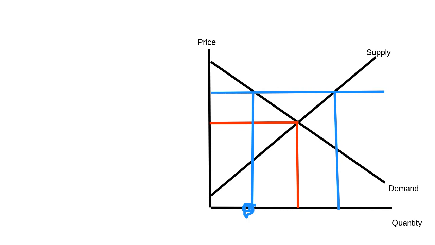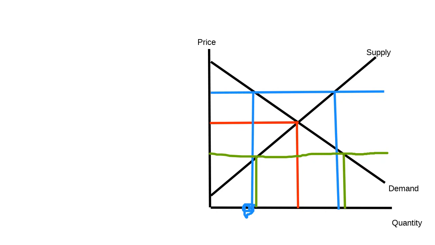The other scenario is when the world price is below the equilibrium price. So in this case, prices are going down. So firms are going to, by law of supply, quantity supplied is going to fall from the equilibrium level, and quantity demanded will go up, again, by law of demand.